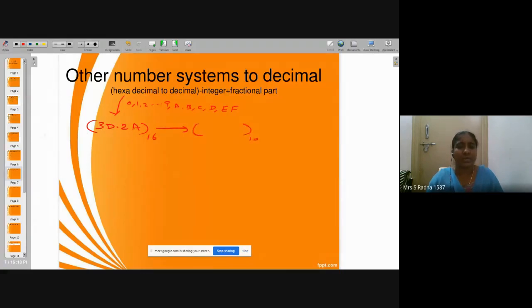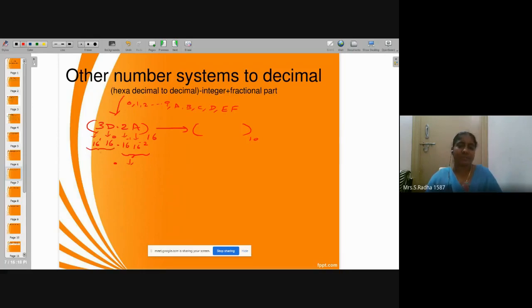Before the decimal point, in the integer part, you take 16 power 0, 16 power 1. After the decimal point, you take 16 power minus 1, 16 power minus 2. You multiply these and do addition. Similarly, you multiply 3 into 16 power 1, and D into 16 power 0, and add these two.